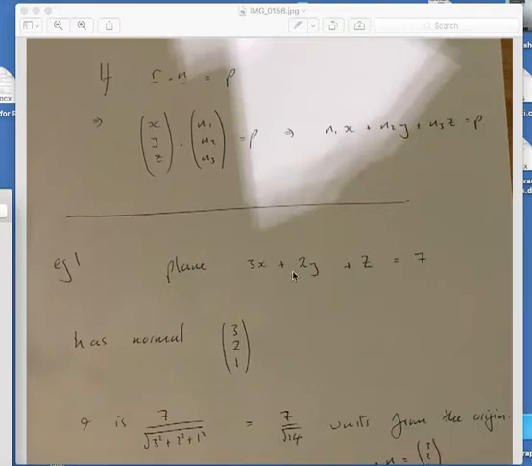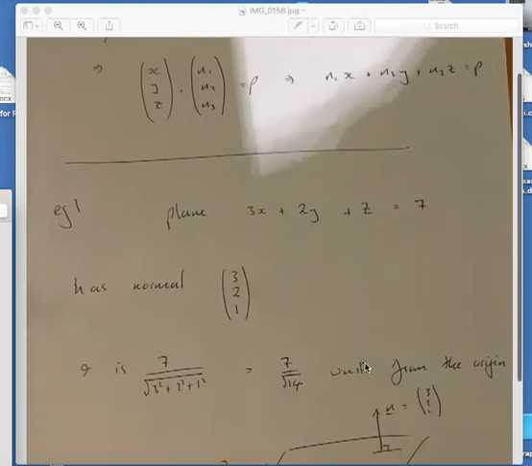And we know that these three coefficients actually came from the normal to the plane. So I can jump straight between that Cartesian equation and a vector equation by knowing that the normal to this plane would have been (3, 2, 1).